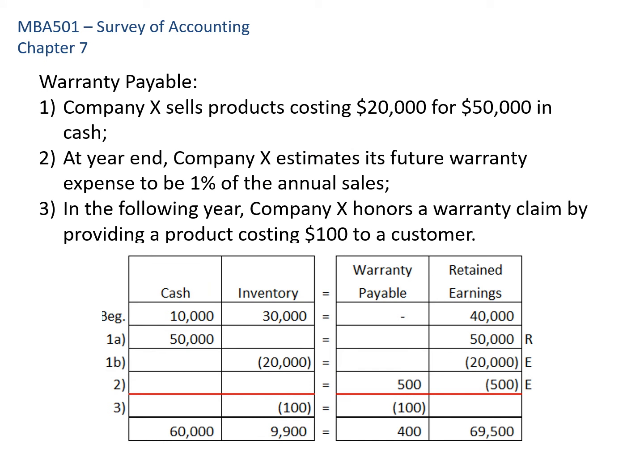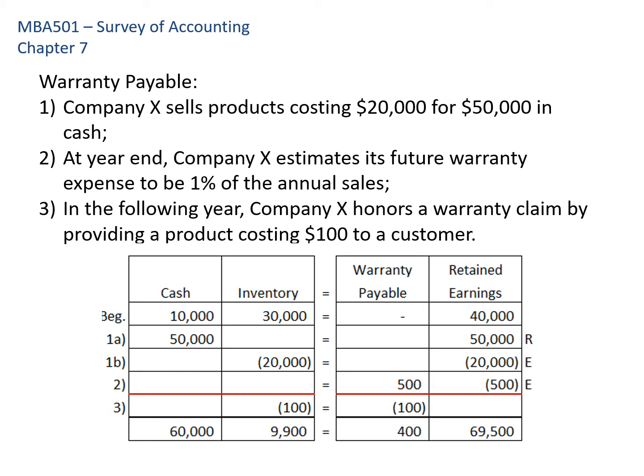So here we've got a company that sells products costing $20,000 for $50,000 in cash. Again, I recognize the sale first. So cash goes up by $50,000, and retained earnings goes up by $50,000 to recognize revenue. And I recognize the cost of that sale. So I reduce my inventory by $20,000 and I reduce retained earnings by $20,000 for cost of goods sold.